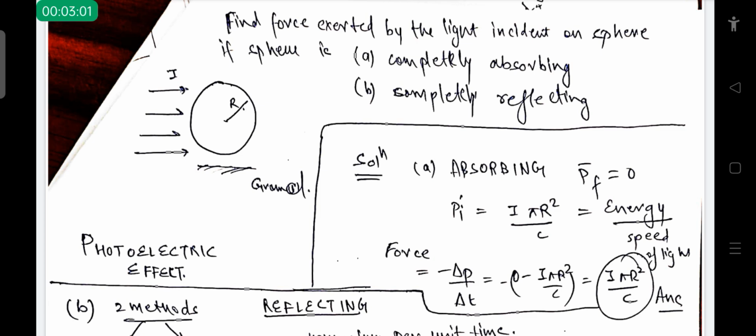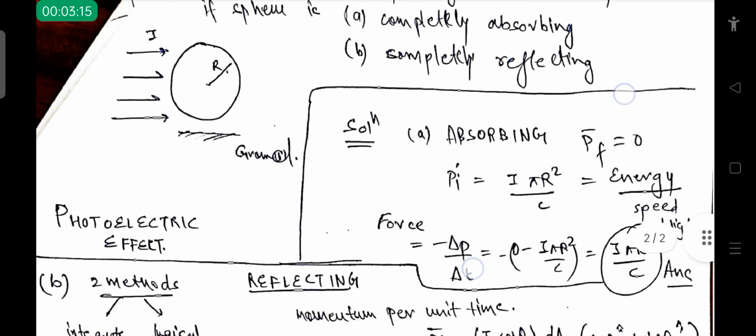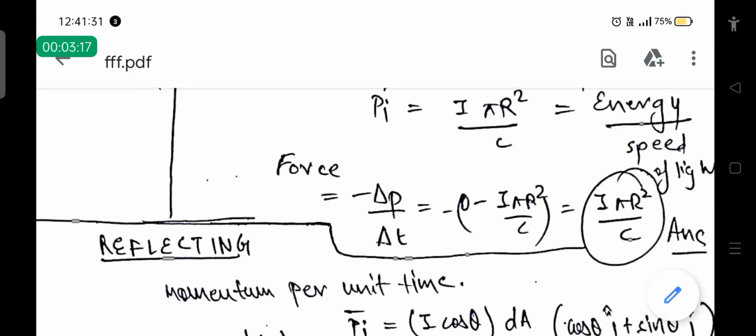Energy can be written as intensity into area, and the area on which this light falls is basically pi r square. So the initial momentum is I into pi r square by c.